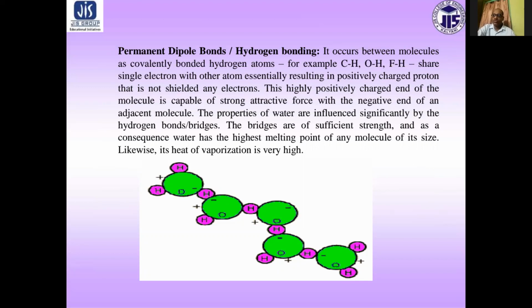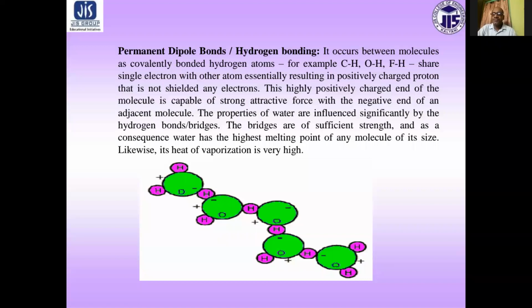The properties of water are influenced significantly by the hydrogen bonds, or bridges. The bridges are of sufficient strength that, as a consequence, water has the highest melting point of any molecule of its size. Likewise, its heat of vaporization is very high.